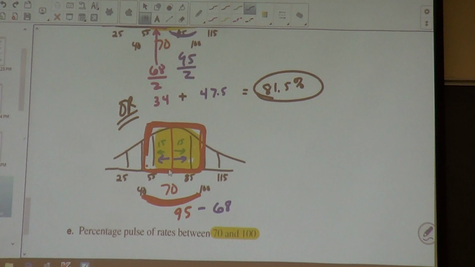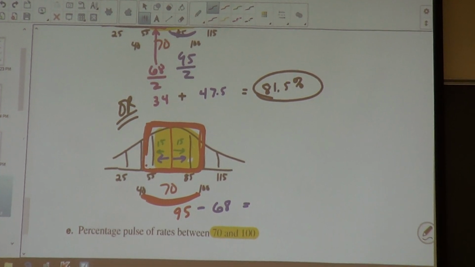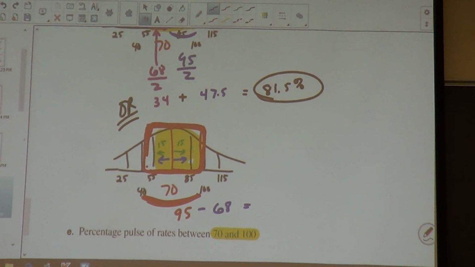So 95 minus 68, somebody tell me what that is. 27. 27, thank you. So 27 is going to tell me what these two pieces are. And if I divide that by 2, that's going to tell me what this piece is. So that's 13.5.